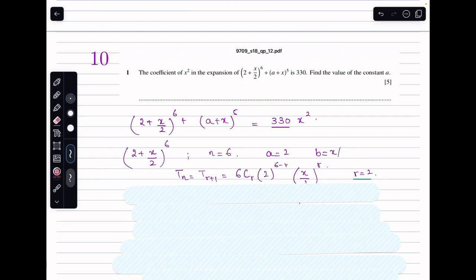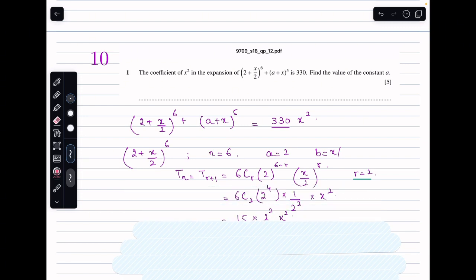So if I solve for (2 plus x/2) to the power 6, we know that our n value here is 6, a is 2, and b is x/2 here. Applying the term formula, it's Tr plus 1, 6Cr, n value was 6, so I've applied the n value as 6, 6Cr into 2 to the power 6 minus r, and (x/2) to the power r.